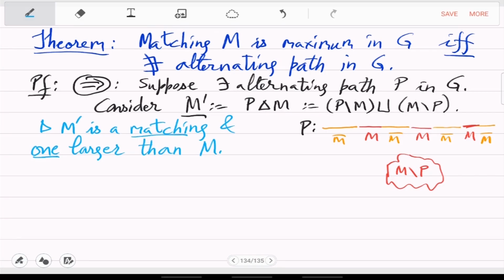So if there is an alternating path, then M is not maximum. So we have proved that if M is maximum, then there is no alternating path. Is this clear? Okay, so the hard part is the other part.